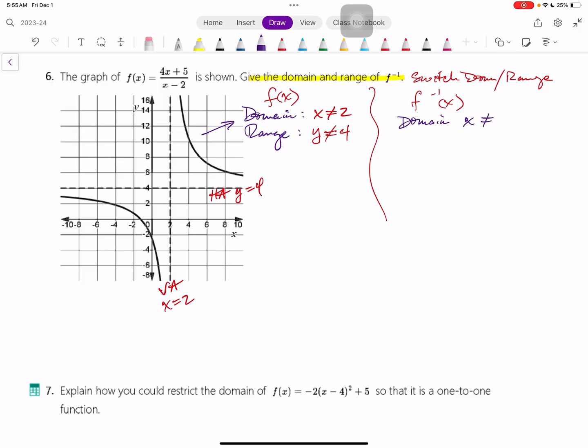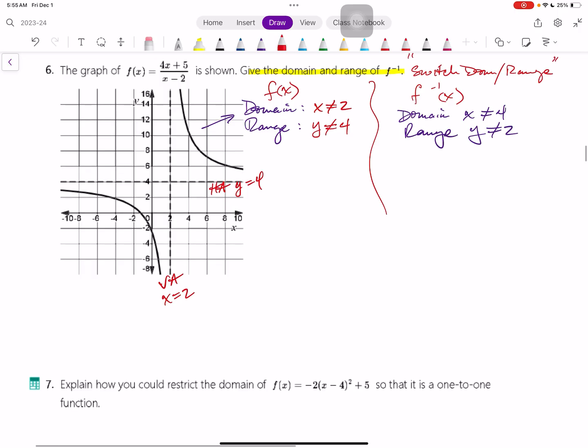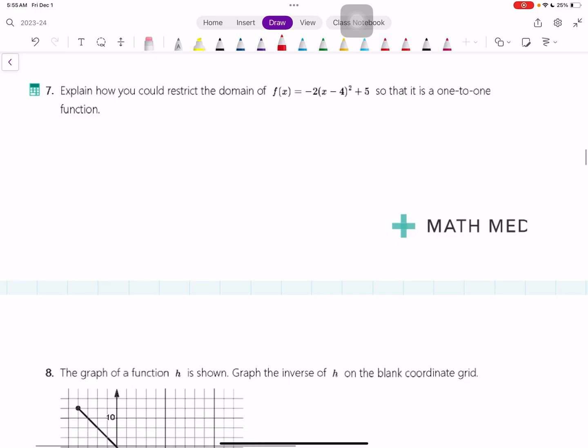So it's all reals except 4. And then the range becomes all reals not equal to 2. And there we go. You switch the domain and range, as I've probably said about 5 to 10 times already in this homework set.